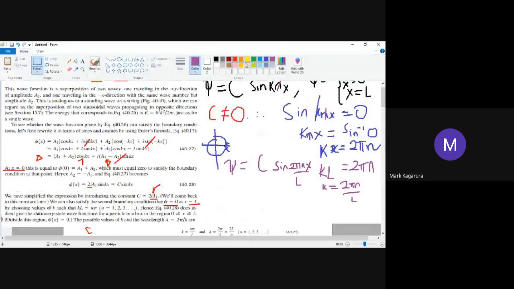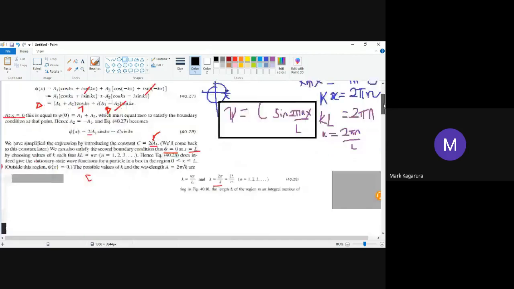Let's just make sure it is clear. Let's just put a rectangle. So that's our wave function.